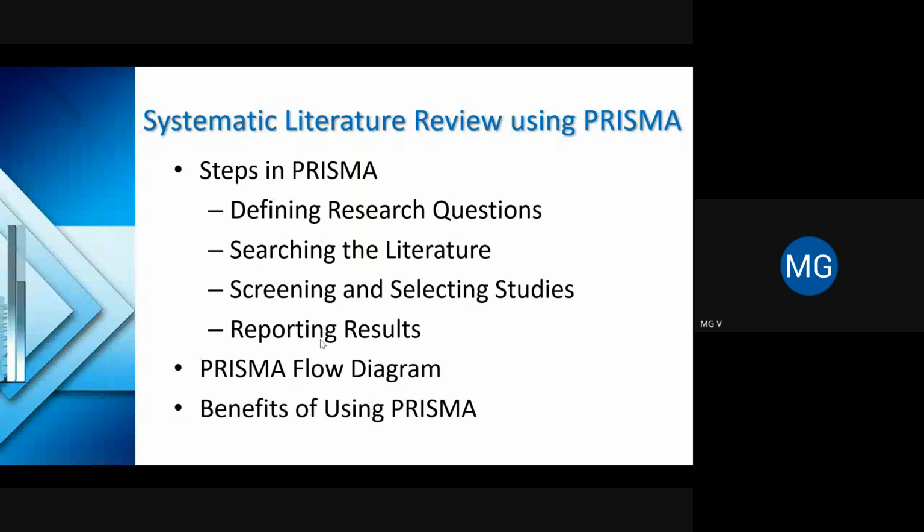Then systematic literature review using Prisma. So, what is the full form of Prisma? Full form of Prisma that we discussed yesterday? Anyone? Preferred reporting items for systematic reviews and meta-analysis, which provides a structured approach to conducting systematic literature review.